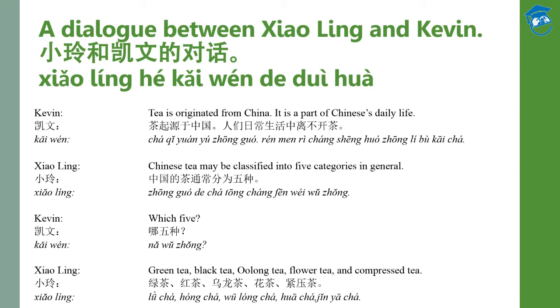They were talking about how they enjoy having tea in tea houses, and they started to talk about tea culture. So Kevin continues the conversation. He says, tea is originated from China.